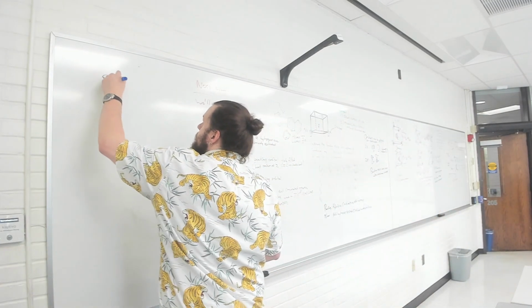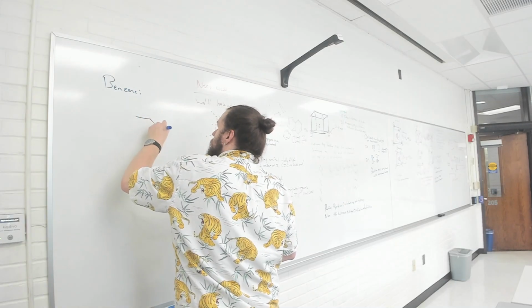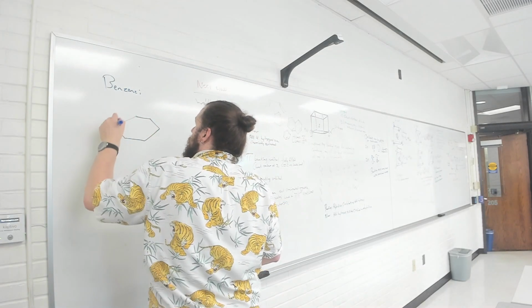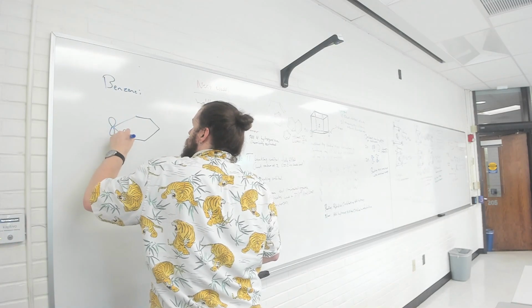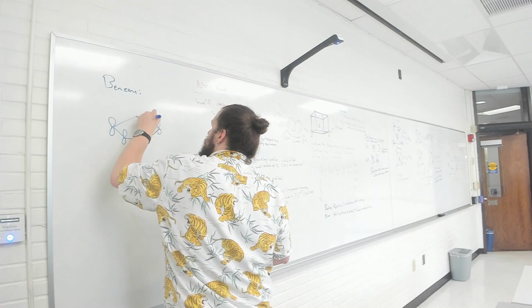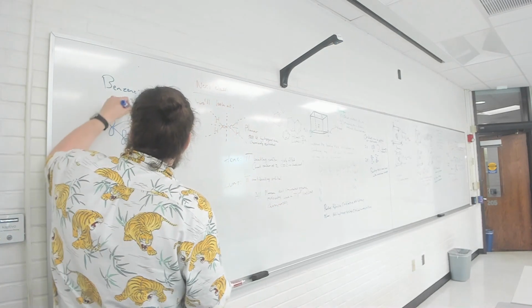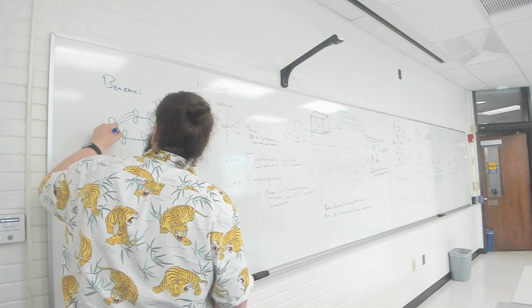So for benzene, we're going to look at these pi orbitals that are perpendicular to the axis, like this. Right? This is the conjugated system.